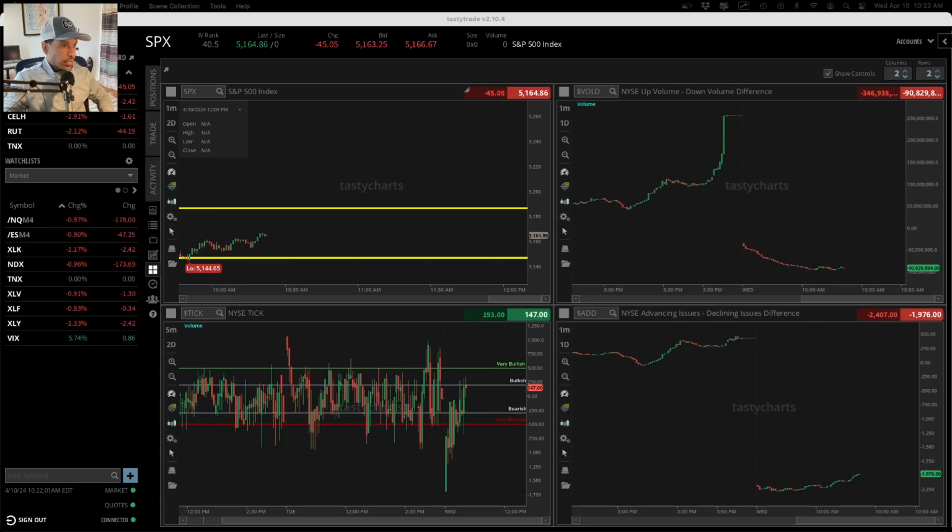Hey guys, I'm back. I just want to give you a quick update. Looking at the market internals, at the recovery, the SPX is beginning to rise ever so slightly from its low today of 51.44.